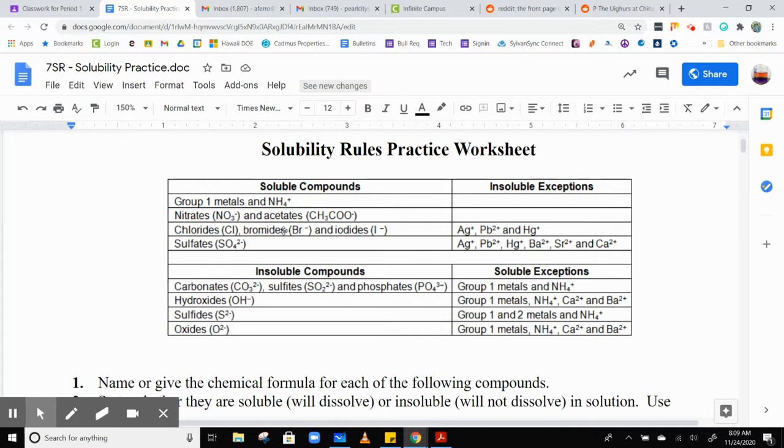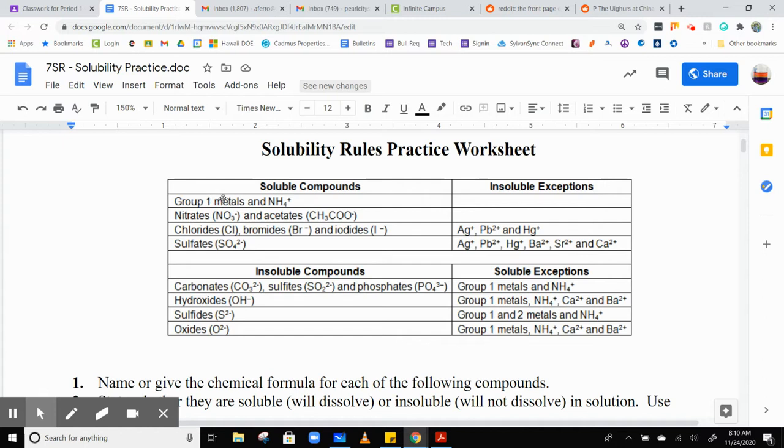Basically, what you're looking at here is this part, which says soluble compounds. Well, anything that has a group 1 metal. Group 1 is the first column metals, so the alkali metals.